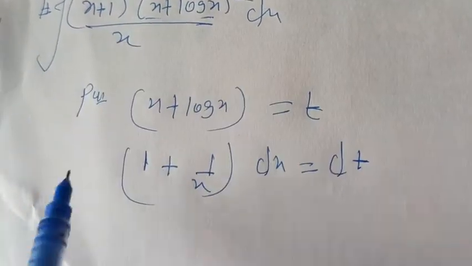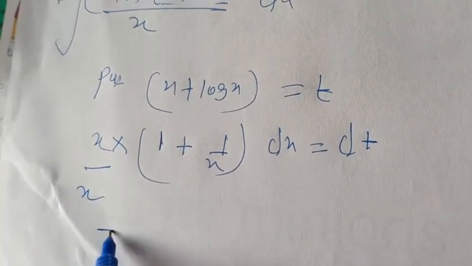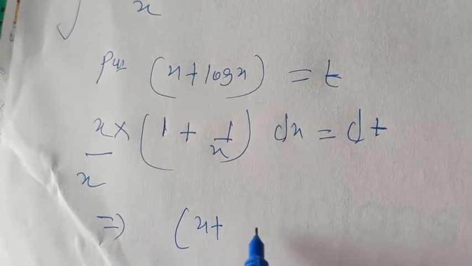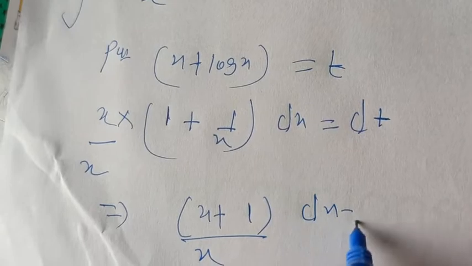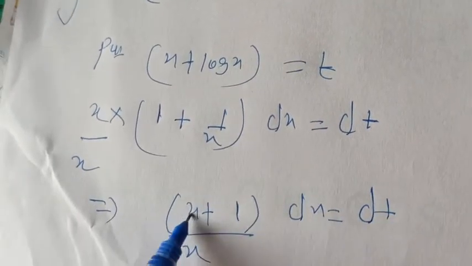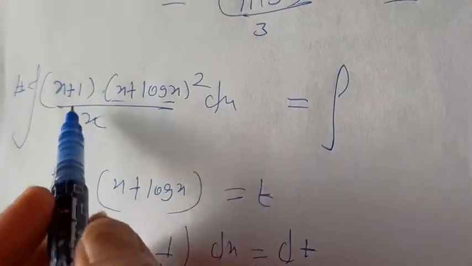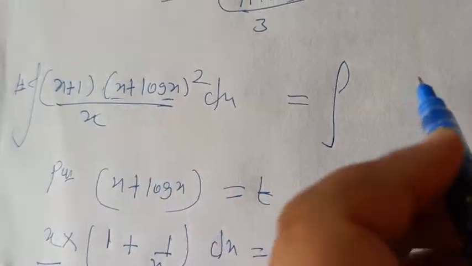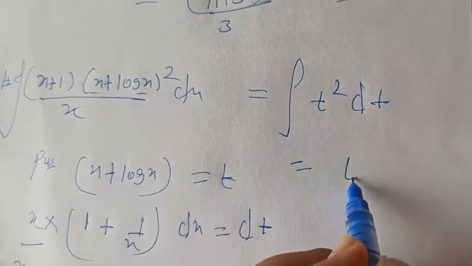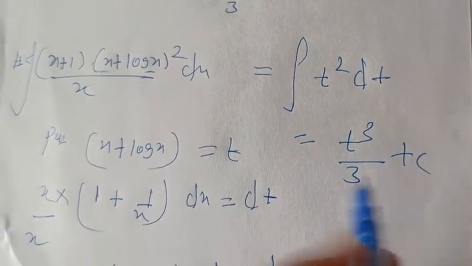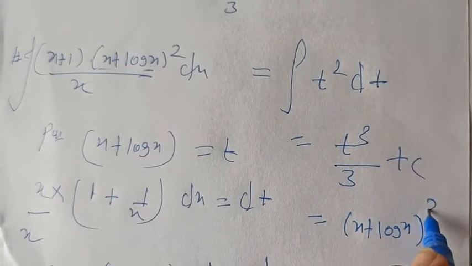I need x plus 1, so multiply and divide this by x. So you get (x plus 1) over x dx is equal to dt. Check this, (x plus 1) over x, (x plus 1) over x. Now this is your function-derivative form, this gives you dt, and this is your t square. So the answer would again be t cube by 3 plus c, and t was x plus log x, so (x plus log x) cube by 3 plus c.